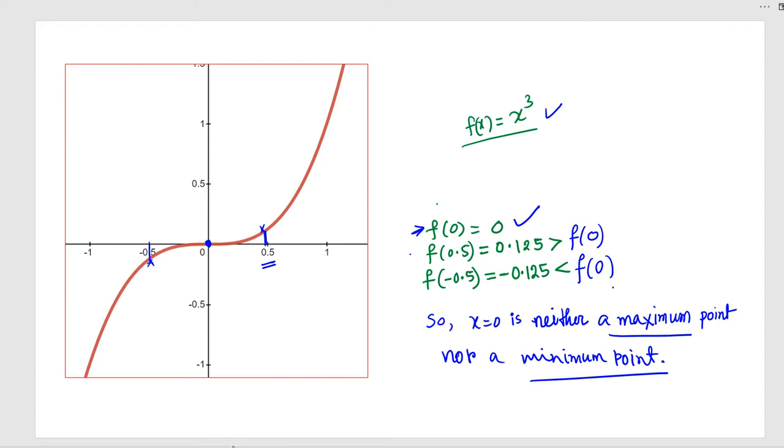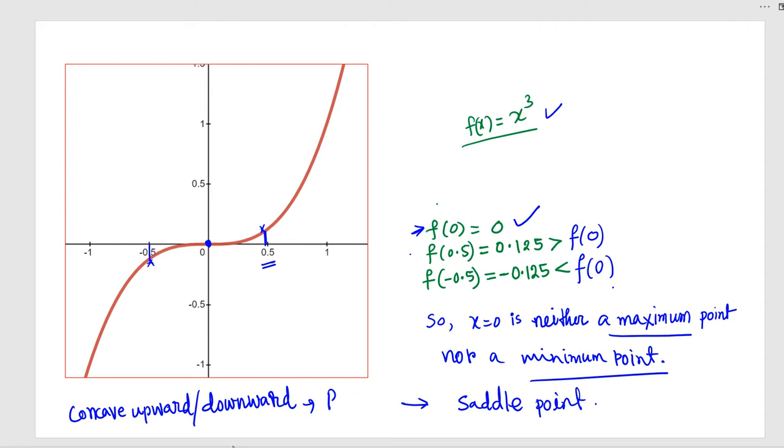Now this particular point is called a saddle point, neither minimum nor maximum. In fact, this is related to the point of inflection. If you remember, when we discussed convexity, concave upward and downward, if it is not, then what do we say?